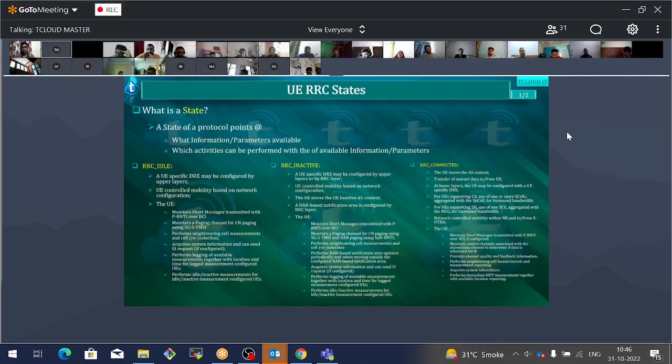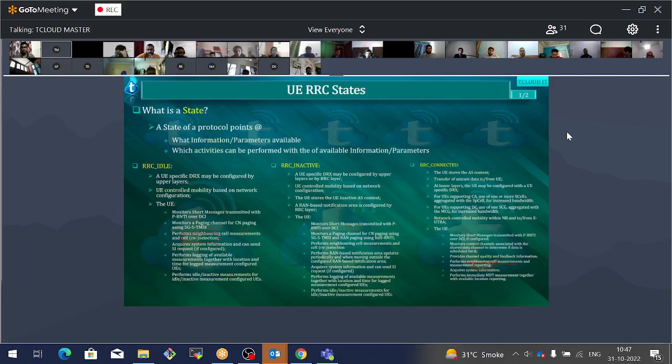And the mobile would be measuring the signal strength of the neighboring cells, just like idle mode. But in idle mode, by measuring the signal strength, the mobile itself will decide which cell to use, whether to continue in the present cell or go to the next cell. But here, if the mobile is measuring the neighboring cells, it will have to send the reports to the network.